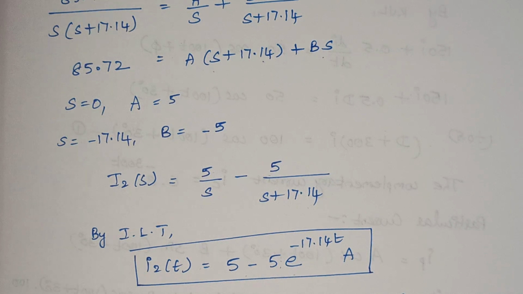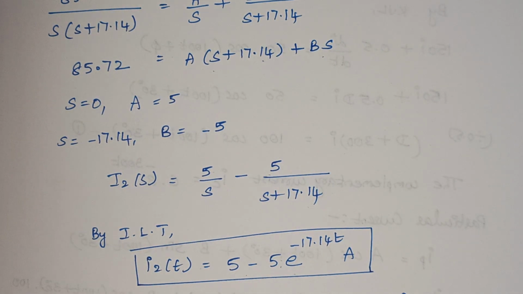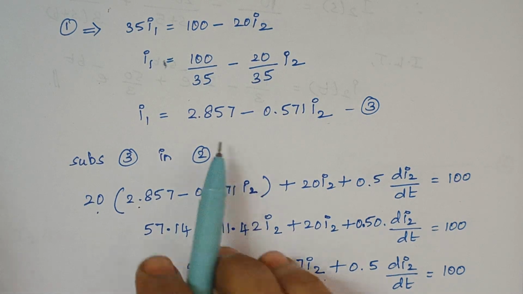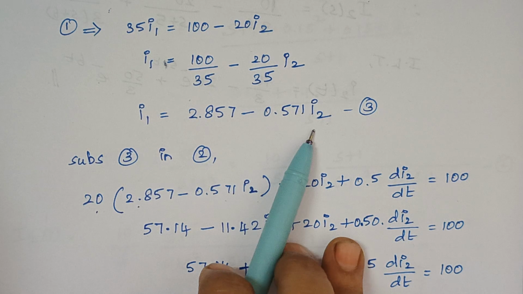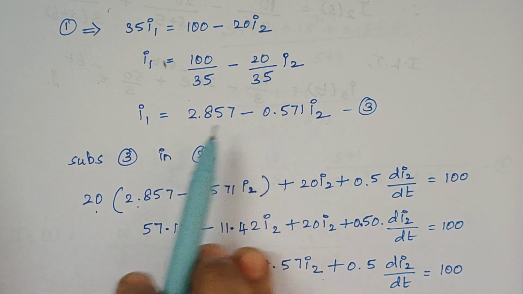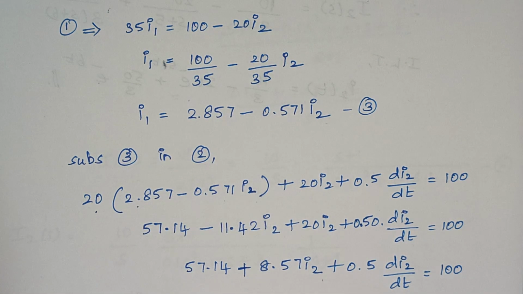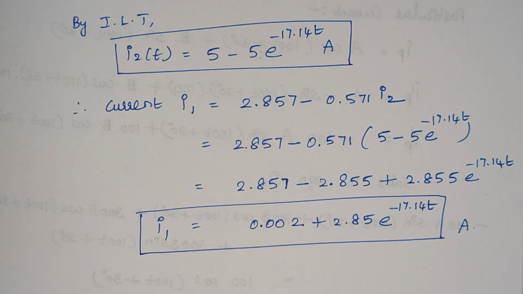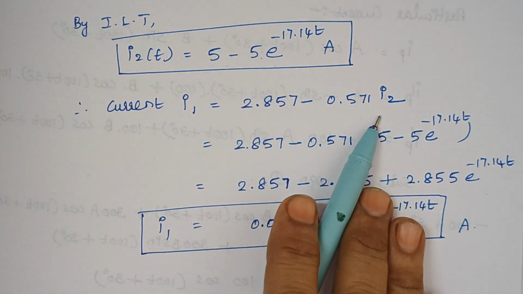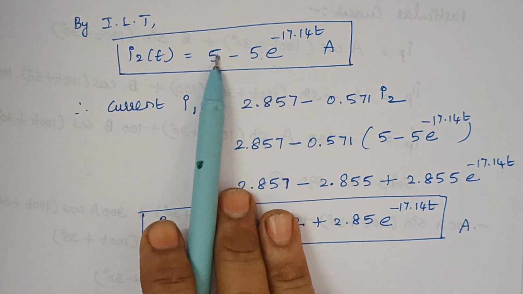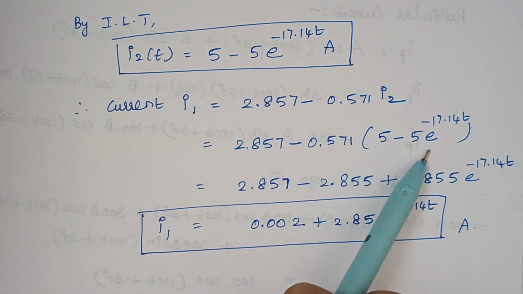The next thing is we have to find the value of I1. Again, consider equation number 3, that is, consider this expression. Here I1 is equal to 2.857 minus 0.571 I2. We know the value of I2, so just substitute it over here.